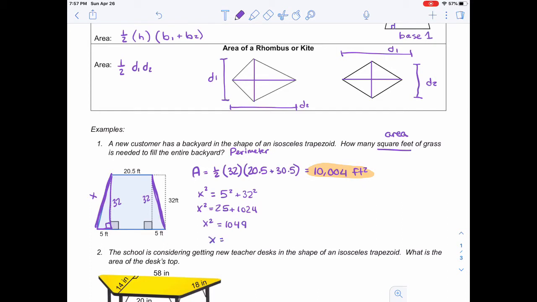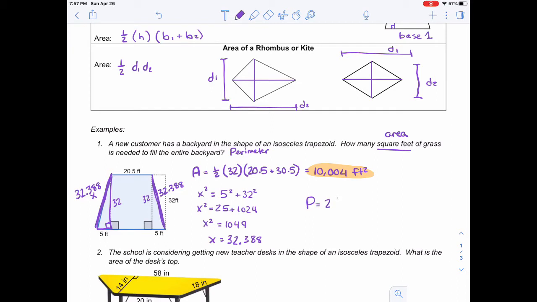So our x is going to equal the square root of that, which is 32.388. And again, if you just round to the hundredths, that's fine, but make sure you're at least rounding to that. So for our perimeter, we now know that our two diagonal side lengths here, since it is an isosceles trapezoid, are both equal to that 32.388. So I'm going to go ahead and label that. And then again, our perimeter, we just have to add up all of our side lengths.